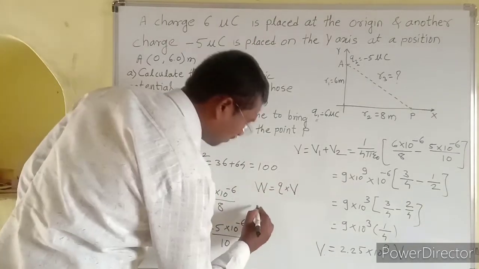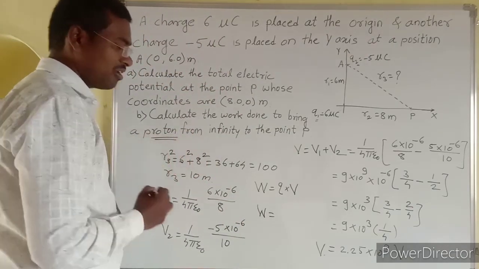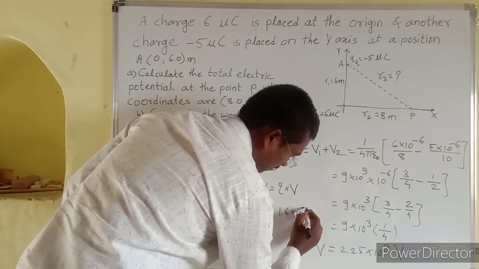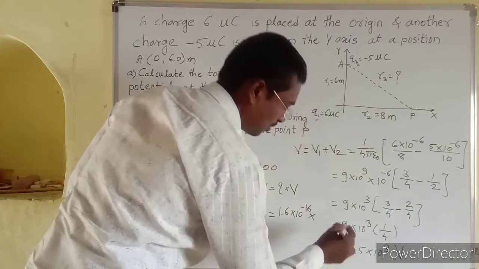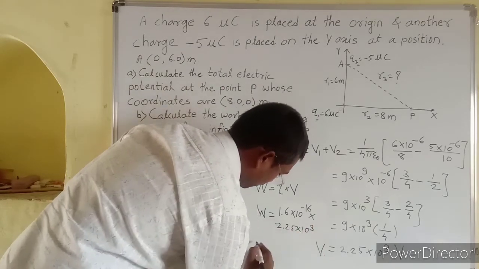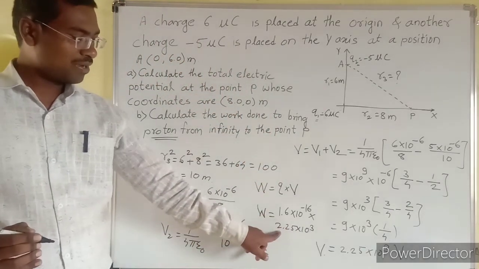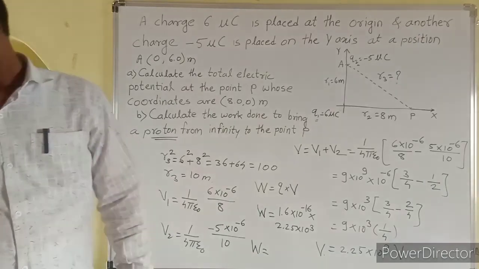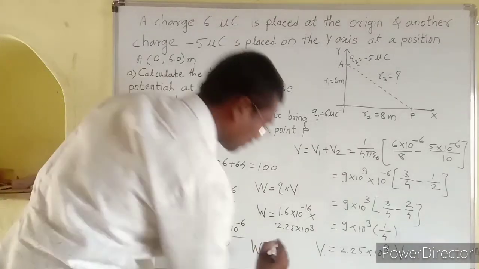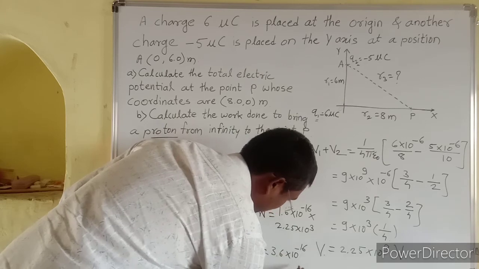Therefore W can be written as Q, the magnitude of proton charge is 1.6 into 10 raised to minus 16, into its potential, 2.25 into 10 raised to 3. So the amount of work done is equal to 1.6 multiplied by 2.25, which can be written as 3.6 into 10 raised to minus 16 joule.